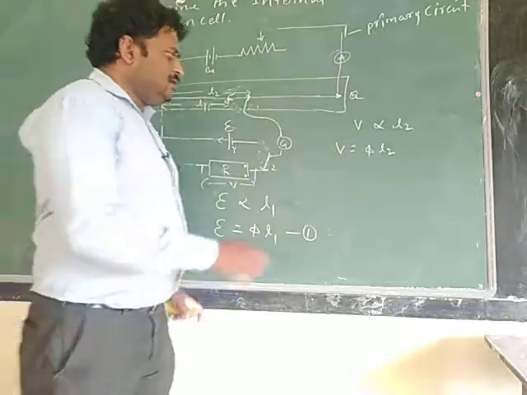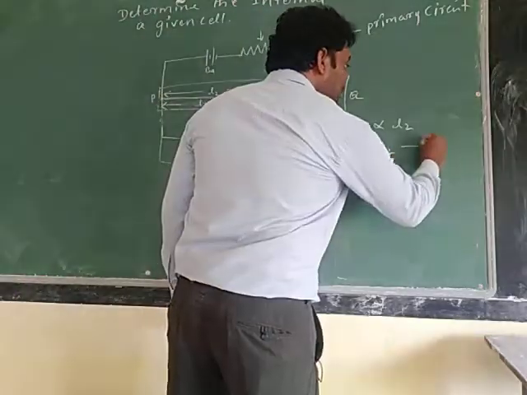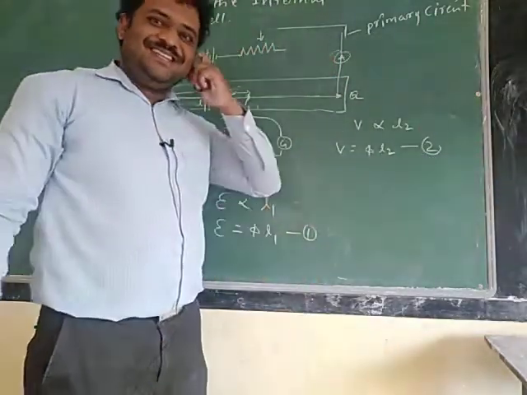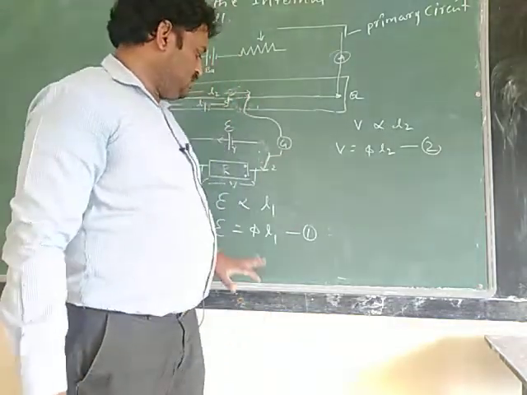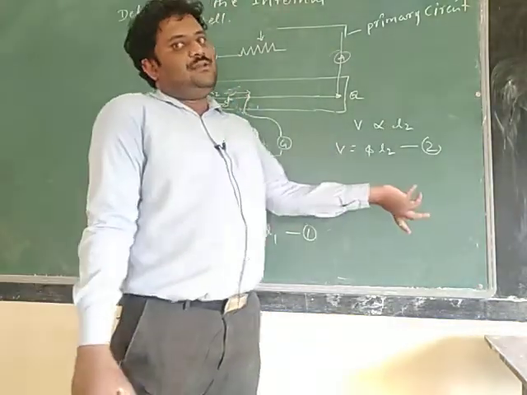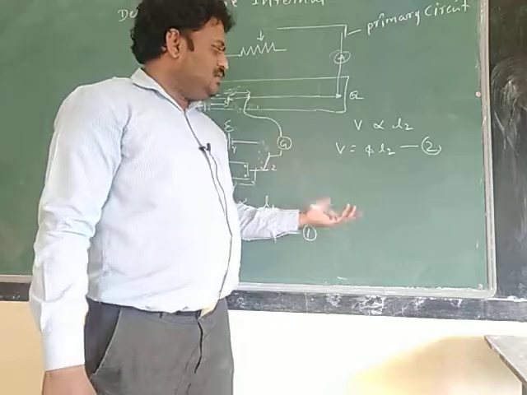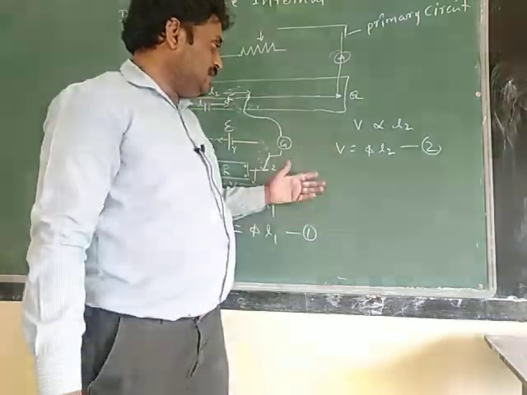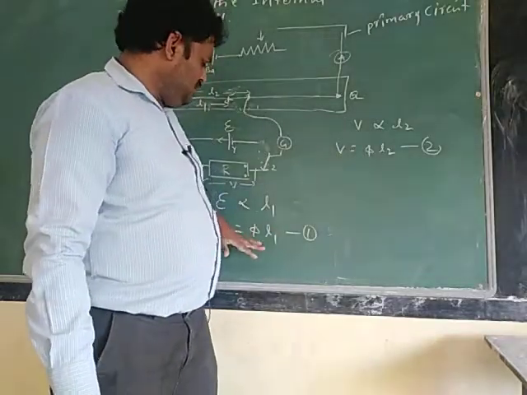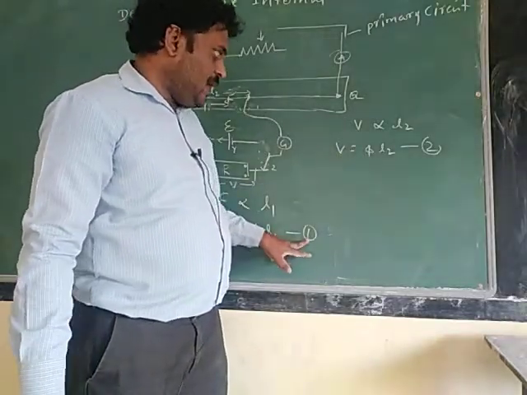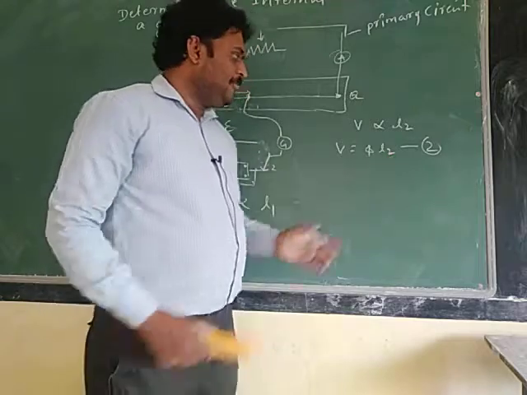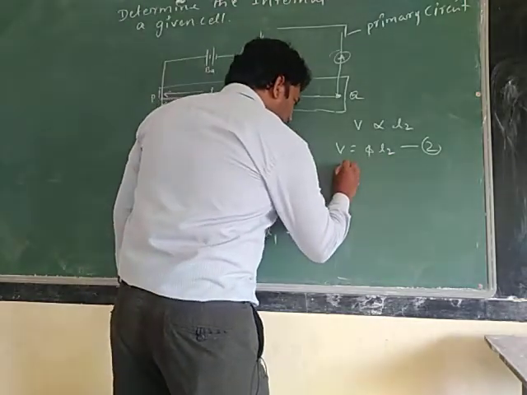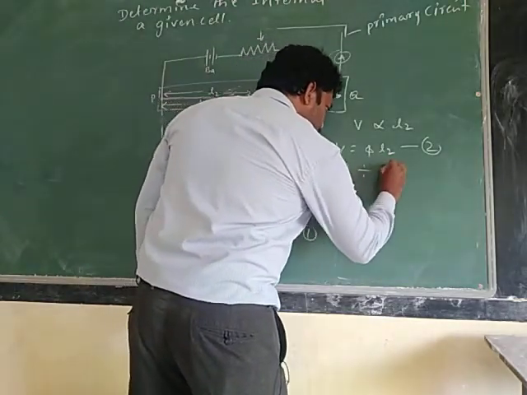I will take this as equation 2. So this is equation 1 and this is equation 2. You just repeat the procedure from the earlier case 2. We are going to divide equation 1 by equation 2.